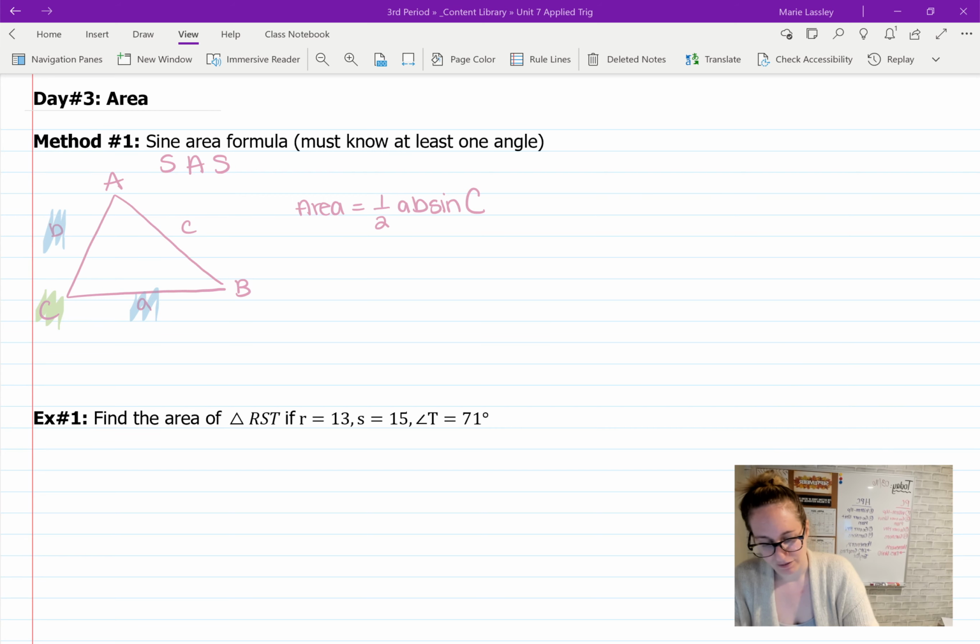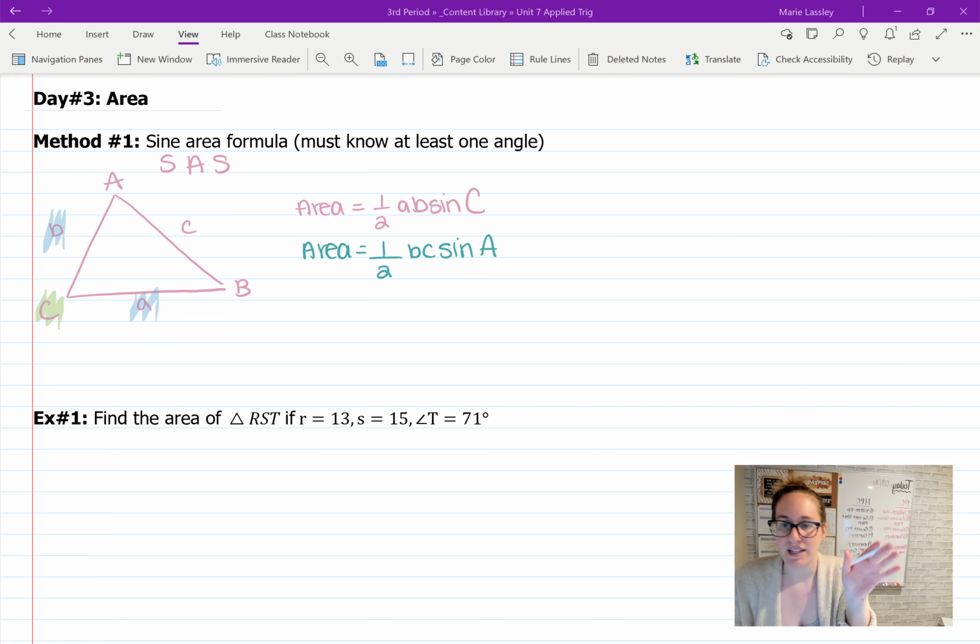So that would be your area formula. For instance, if you knew angle A, then you would set it up like this: area equals 1/2 BC sine of A. So then you have B, A, C, all three of those are together.